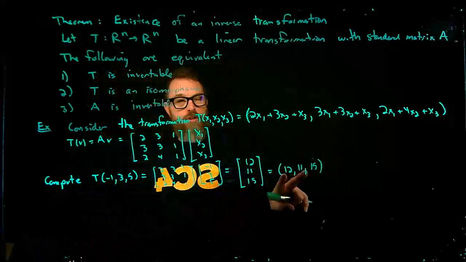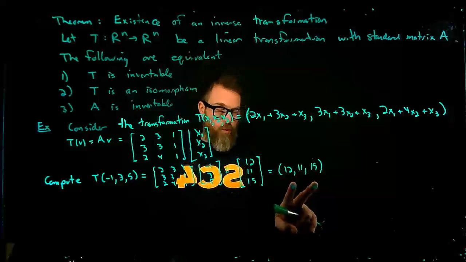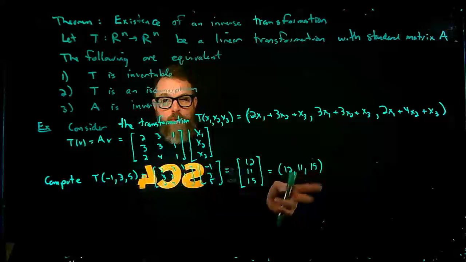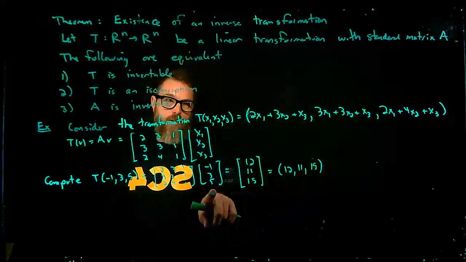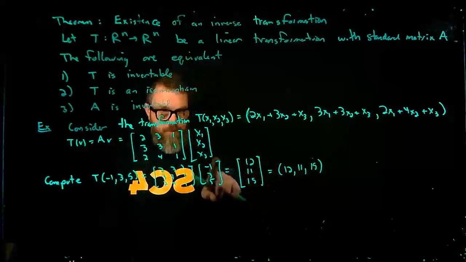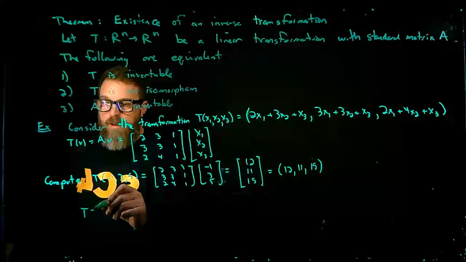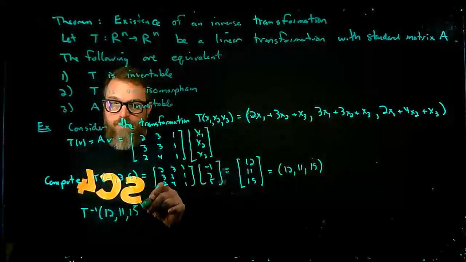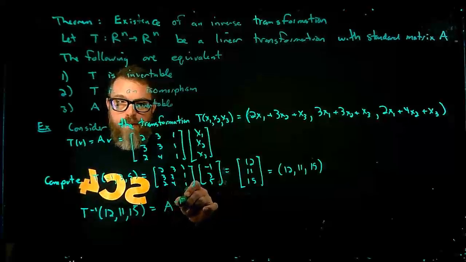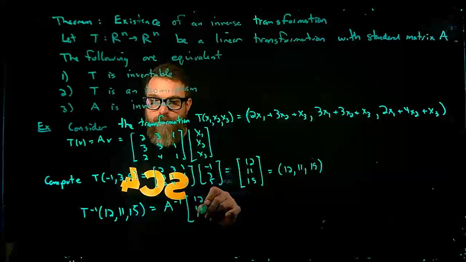Now, what if I wanted to go backwards? What would the pre-image of 12, 11, 15 become? Well, we did it before. I'd write this matrix with x1, x2, x3, plug this thing in here, and solve for it. But an easier way is this: the inverse transformation of 12, 11, 15 should be equal to A inverse times our 12, 11, 15.